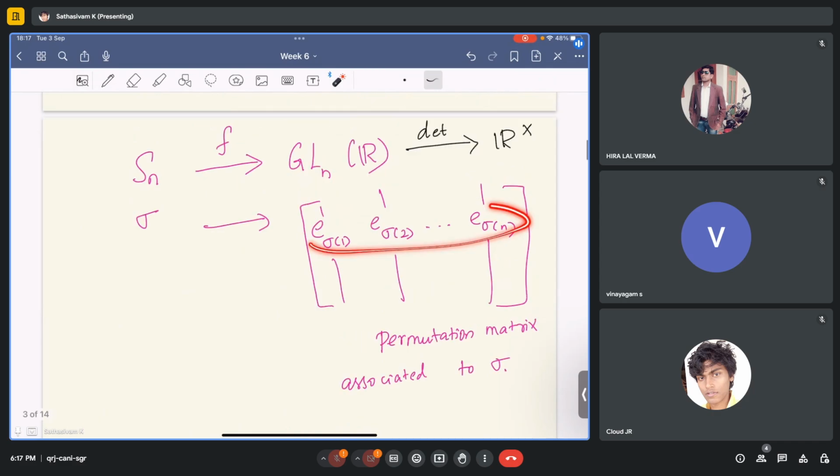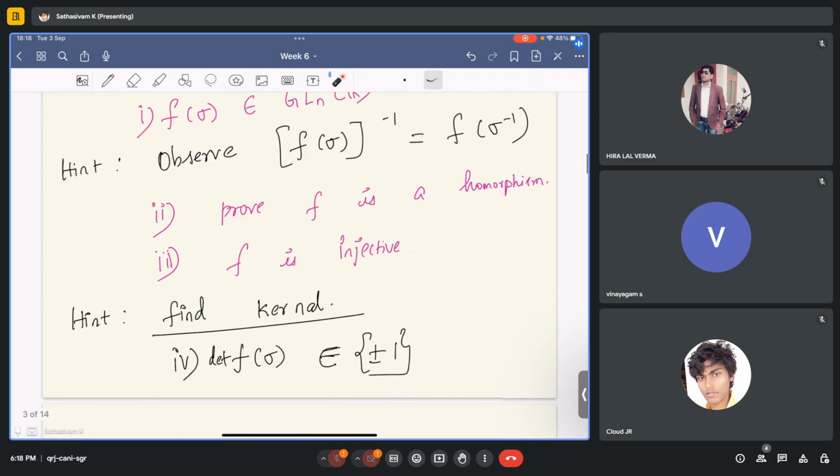Okay. So here what you are doing is swapping multiple times. Okay, so that is what is happening. So when you have something like this, it just tells you that you are swapping it multiple times. Okay. So you have this determinant map, and it goes to plus or minus 1.